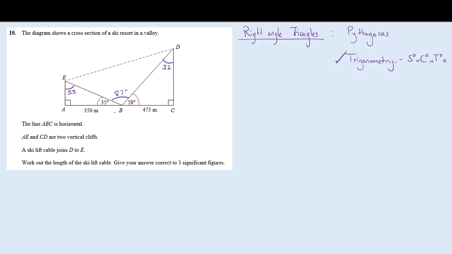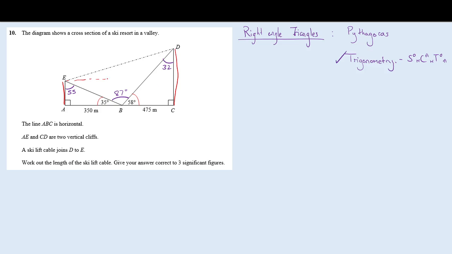What I would need to be careful with is thinking about which sides are going to be most useful for us. This is where a little bit of planning and a little bit of forethought can be quite useful. If I were to work out this side and this side, what would I then be able to work out? What next small step would I be able to take?